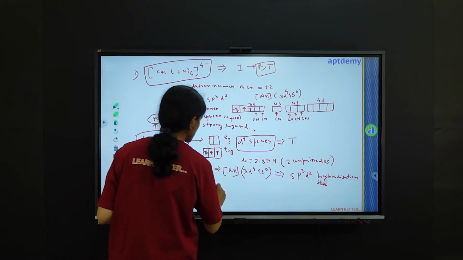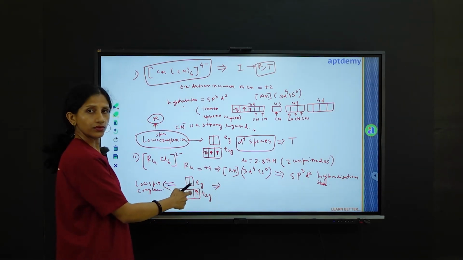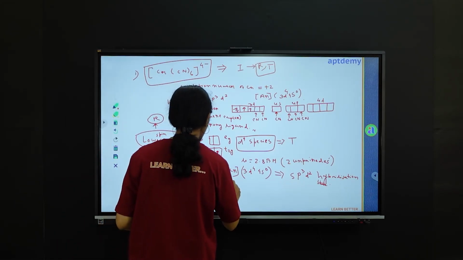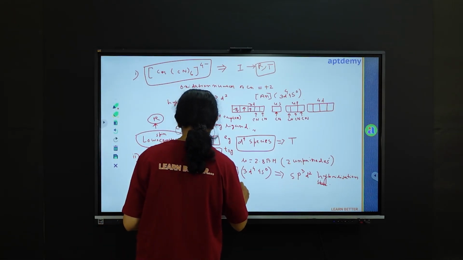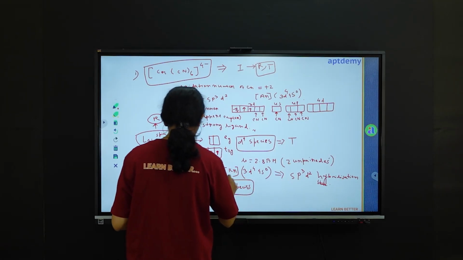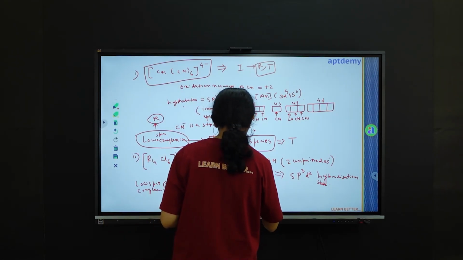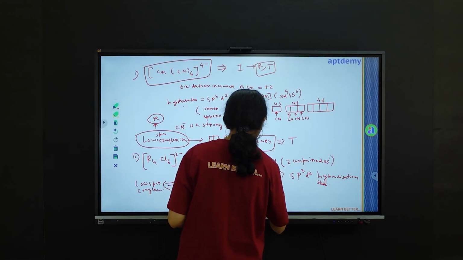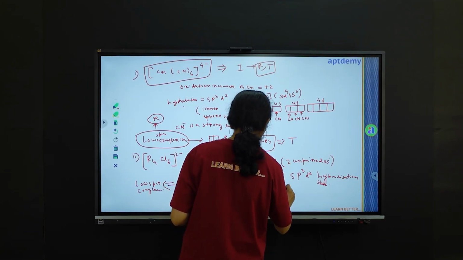Also, this is a d4 species because it is having 4 electrons, which indicates that T2g contains 4 electrons.